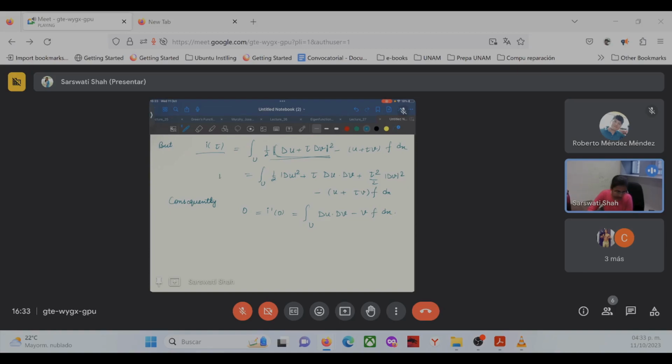So this is I of tau, and when I keep tau equal to 0 here, just wait.